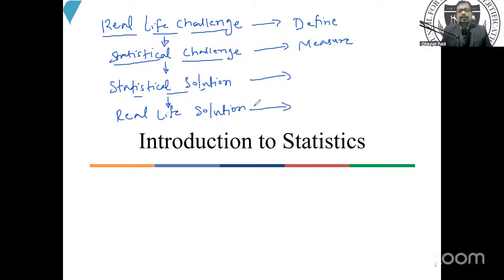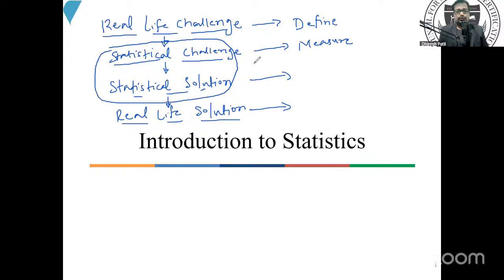This is what we basically do in this entire DMAC framework. A real life problem we convert into a statistical problem. We solve it by using statistical tools, and that statistical solution we convert into a real life solution. And in this phase where we have the statistical problem and statistical solution, we have to take help of the science called statistics.